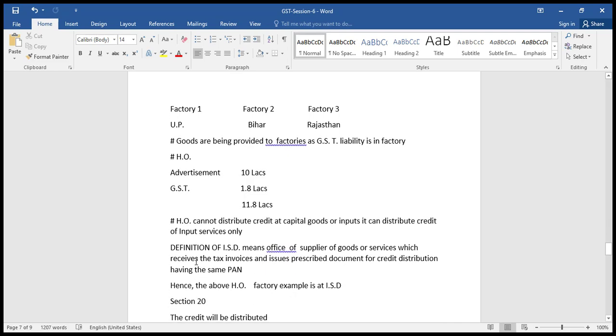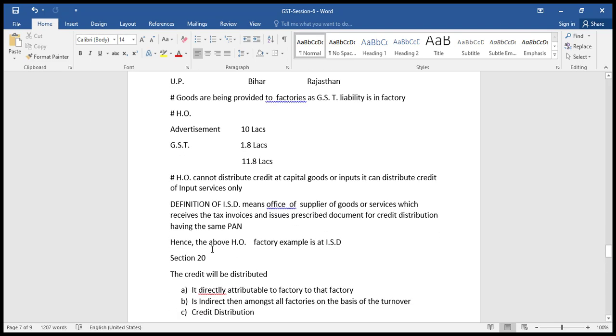And on an ISD, RCM credit can also not be taken at the ISD location because it requires the tax invoice, and an RCM tax invoice is not available. Hence, in case of RCM, the credit cannot be distributed in case of ISD.